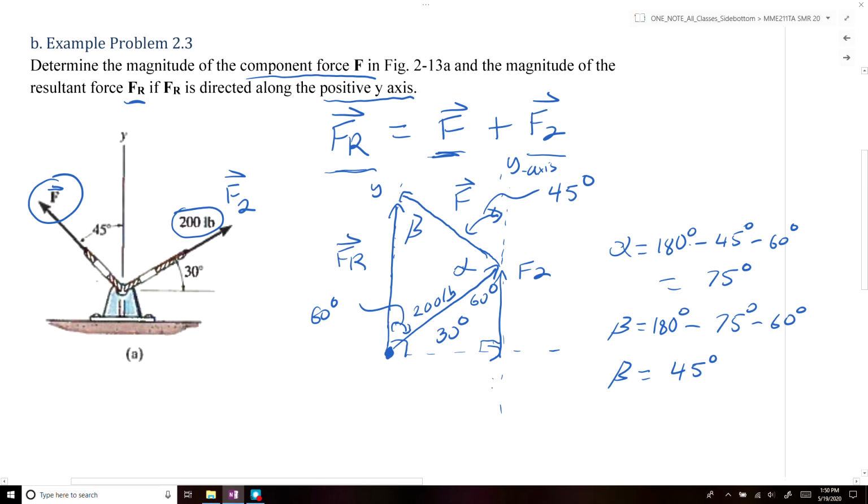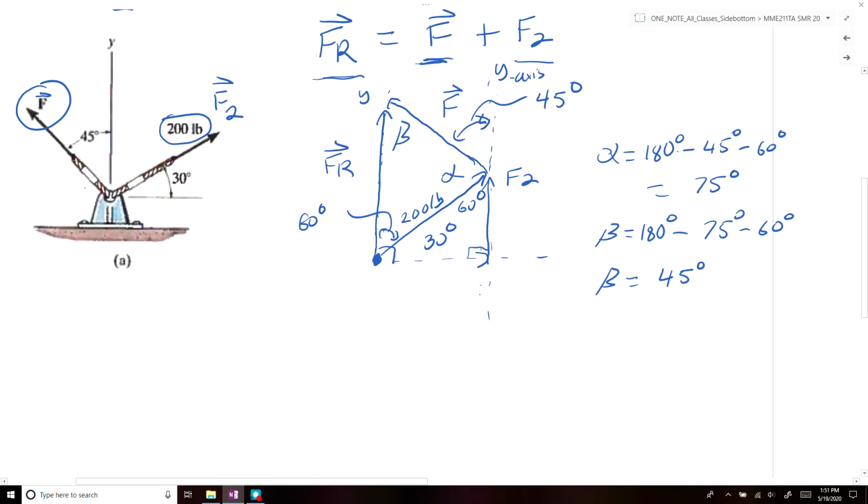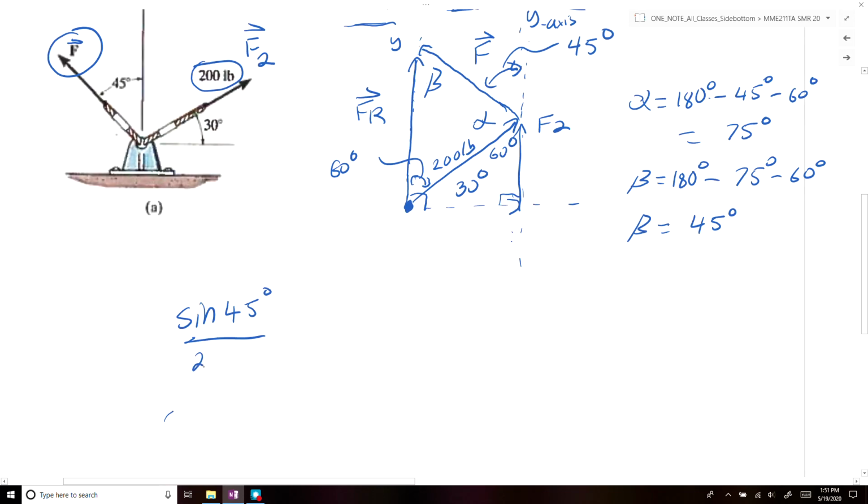So we can use the law of sines to solve for our unknown sides. We can say the sine of beta, which is equal to 45 degrees, over the known magnitude of 200 pounds, is equal to the sine of alpha, which is 75 degrees, divided by the magnitude of our resultant force, Fr.